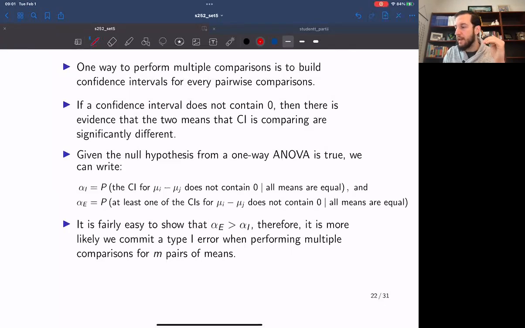Okay, so that alpha subscript I is the individual type 1 error rate for each interval or hypothesis test in the set of multiple comparisons. And we adjust it so that we do not go over alpha subscript E. Okay, that's the goal.